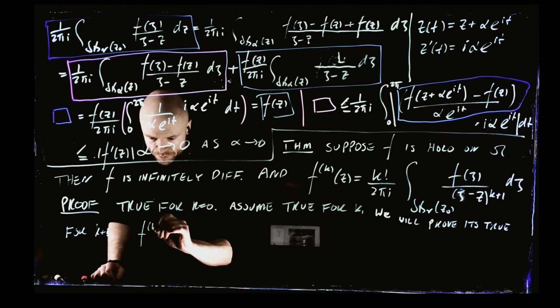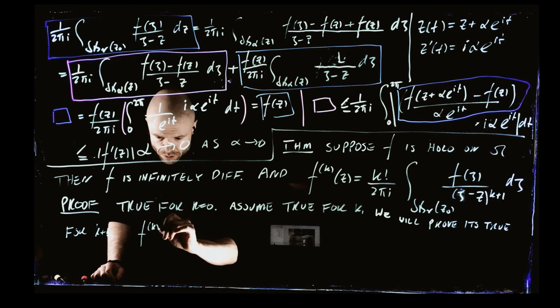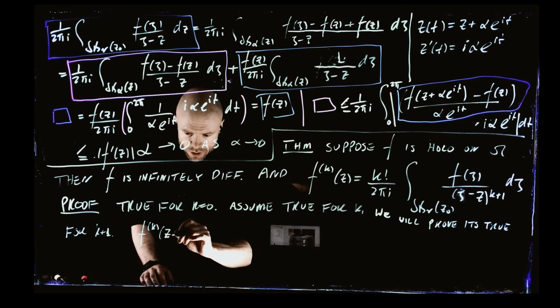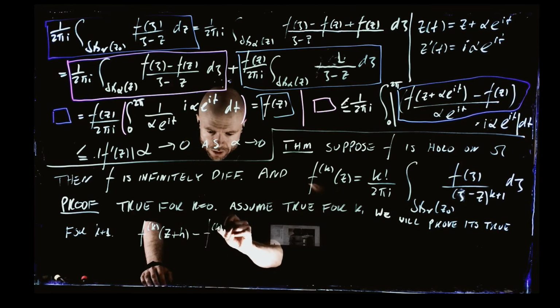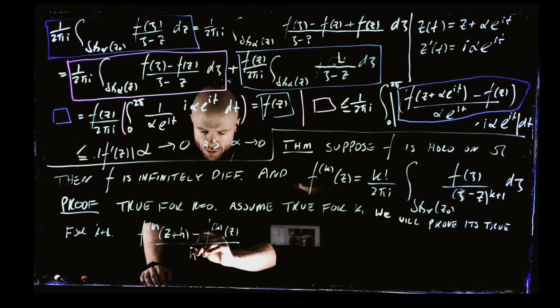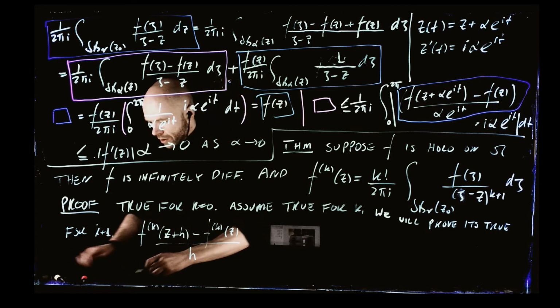So we're going to take f of k of z plus h minus f of k of z over h like this. Yeah? We're going to take the difference quotient.